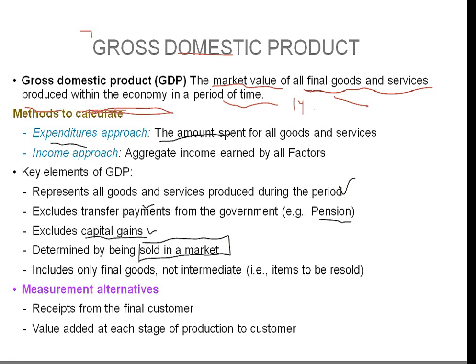So at each stage we add what the producer or manufacturer adds to the raw material, and at the end we get the GDP.